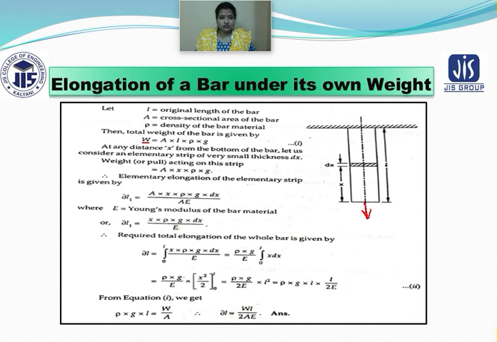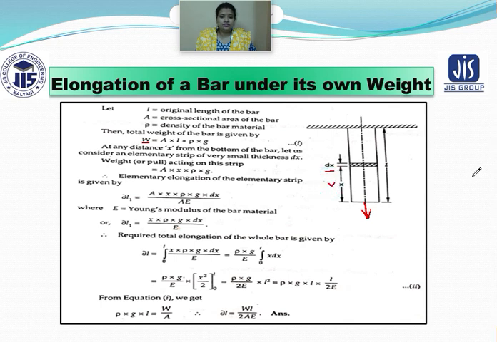Now you have to consider an elementary strip of very small thickness, which has been considered as dx, and the distance of this small strip from the free end is x.